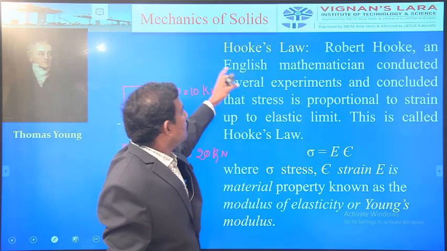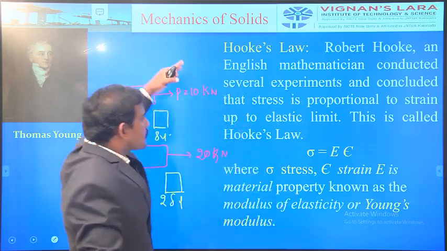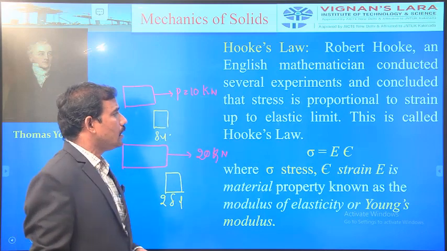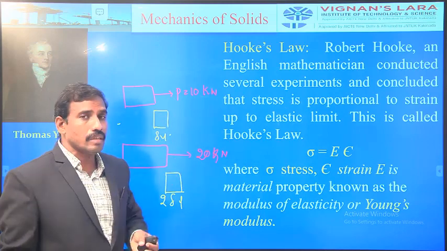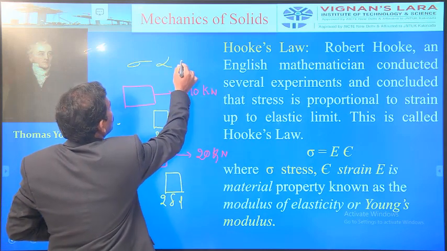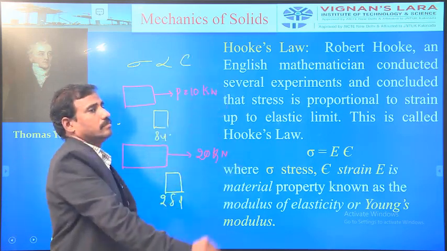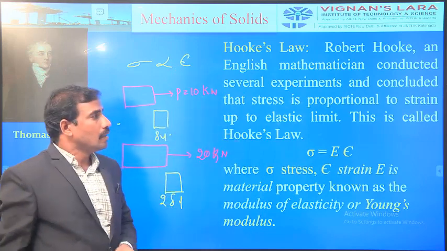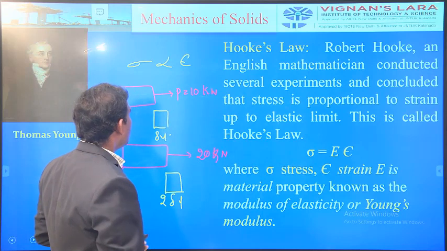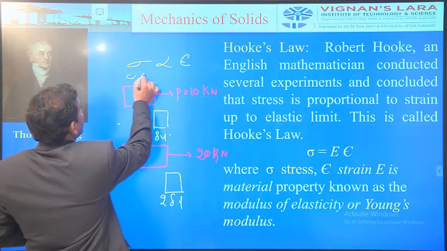Robert Hooke conducted several experiments on various materials with different cross-sectional areas. He finally concluded one thing: the stress is always directly proportional to the strain. After that, Thomas Young introduced one constant.